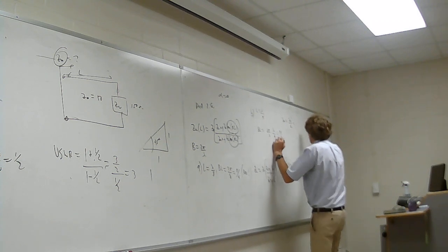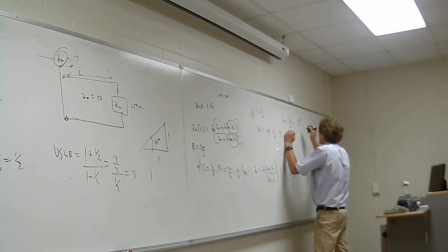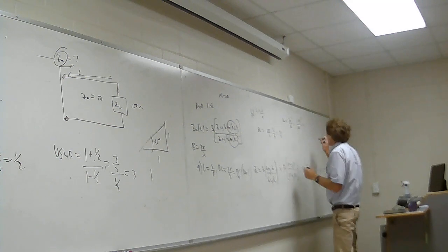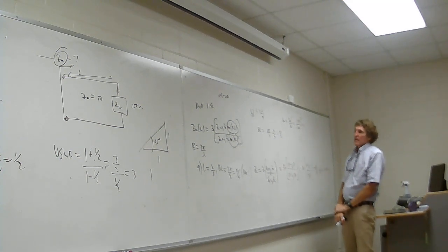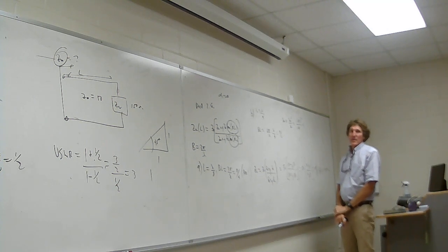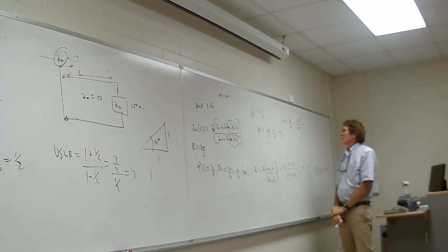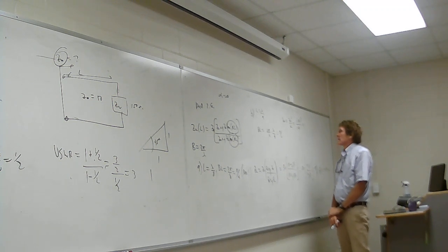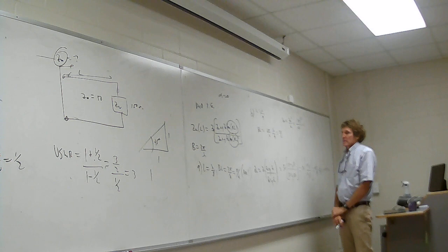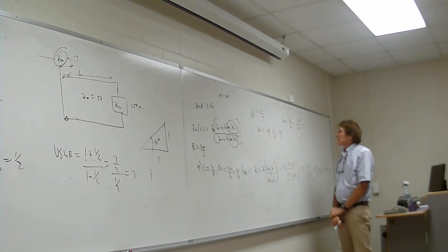So for this one, Zin is just going to be Z0 squared over ZL. Z0 is 50, squared, and ZL is 150. So 2,500 over 150. 2,500 over 50 is 50, so 50 squared over 150 is 50 over 3.